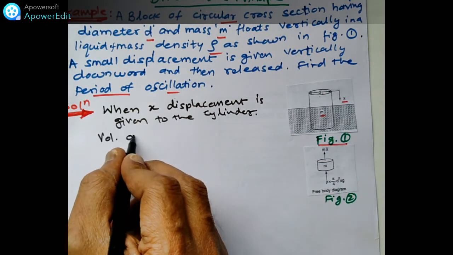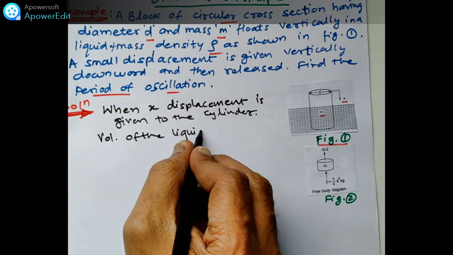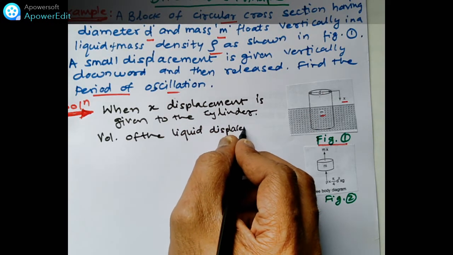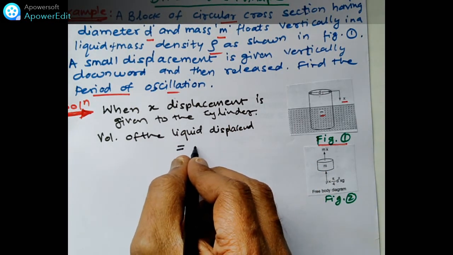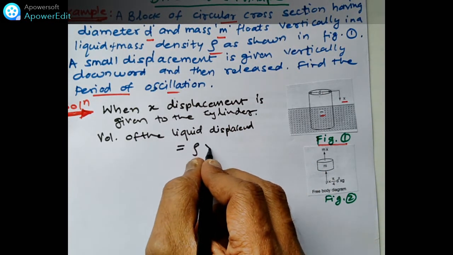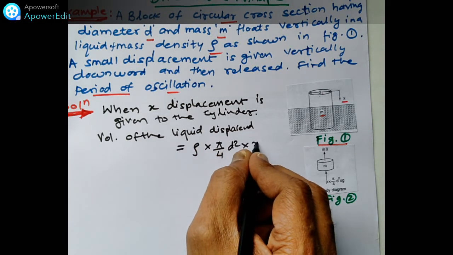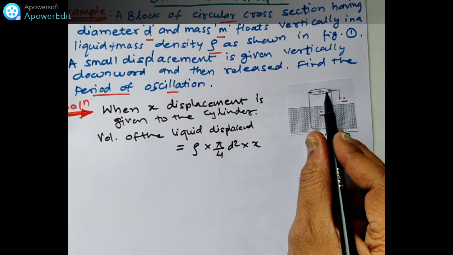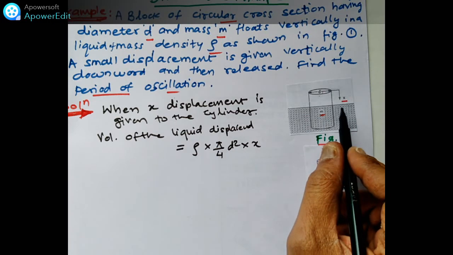The volume of liquid displaced, which I will calculate using this formula, is pi by 4 d square into x. This much volume is displaced. This area is multiplied by the liquid mass density per unit distance.